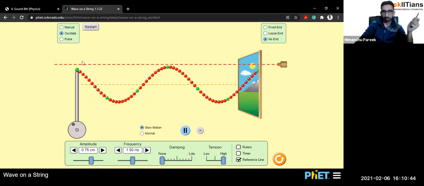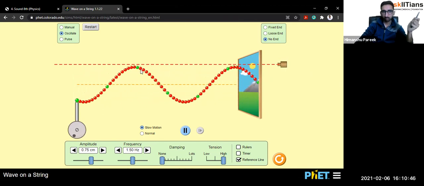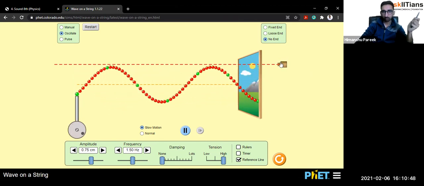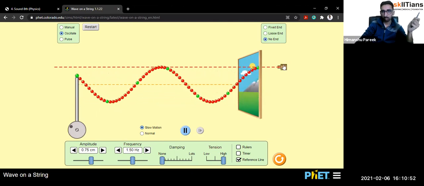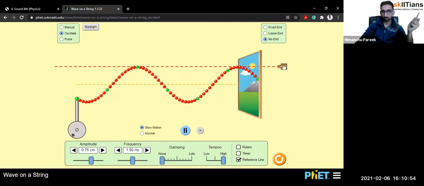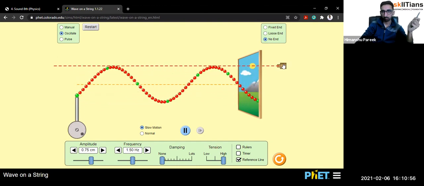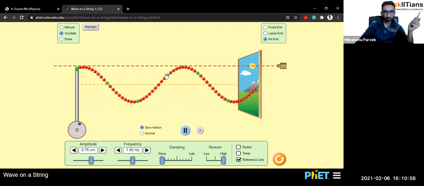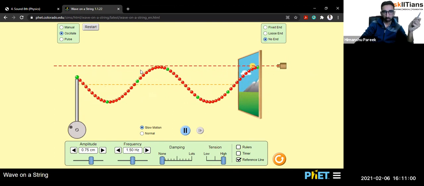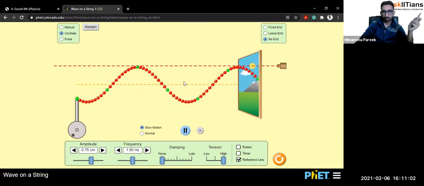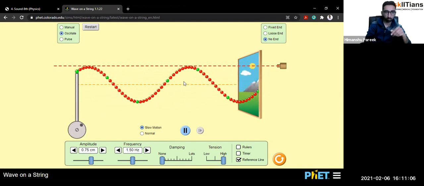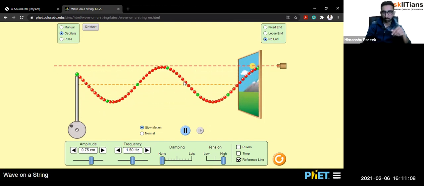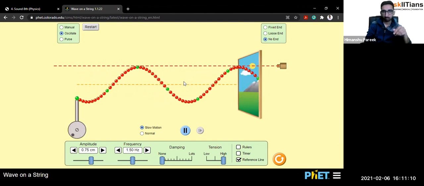I guess this reference line, this red color line you can see, all the particles are going up to this maximum height. Nobody is crossing that point. Any particle you pick, all the particles are going up to that height only. Similarly, on the bottom side also, all the particles are going up to a certain depth.